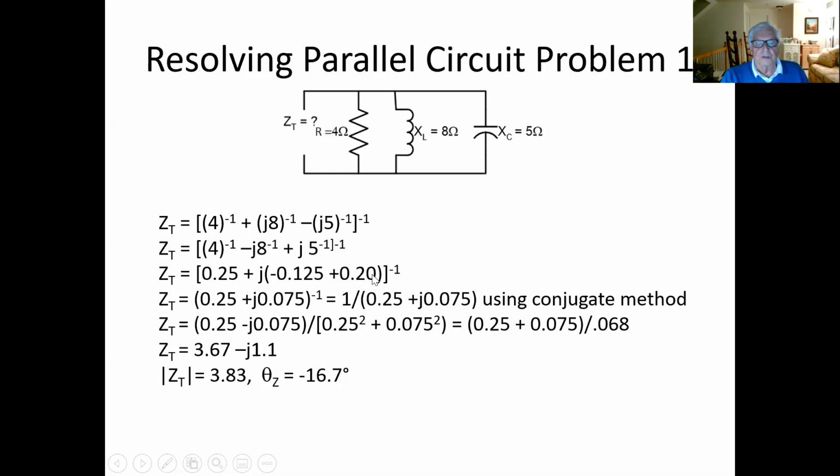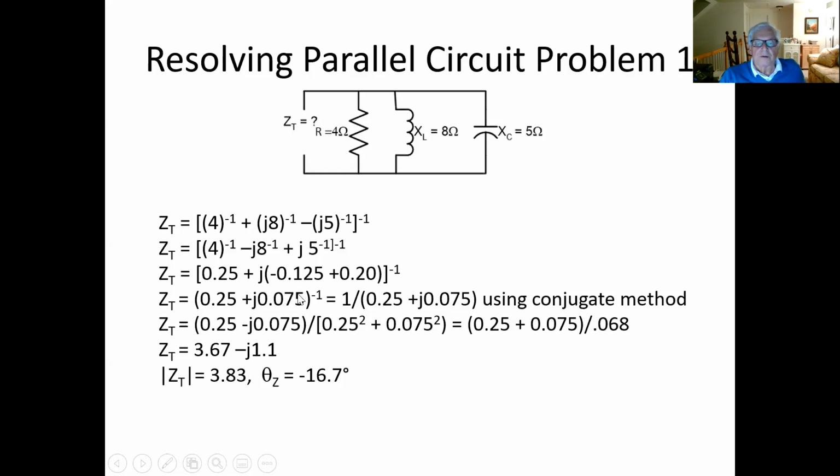We add these together, okay? So we get 0.25 plus J 0.075, which is the difference between 0.2 and 0.125, okay? So we've got to take the reciprocal of this number.